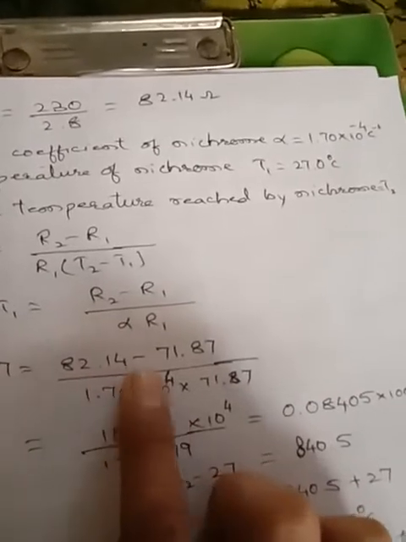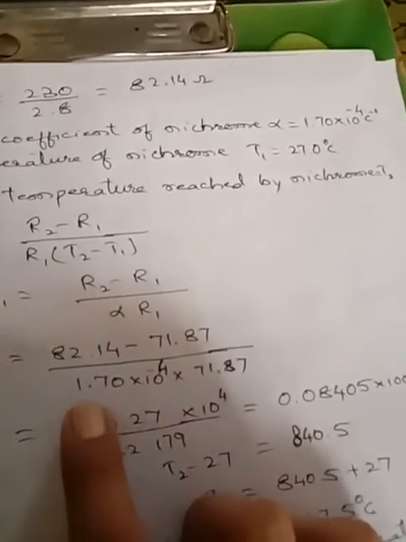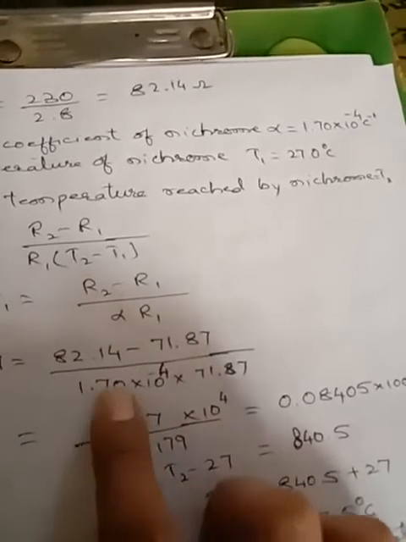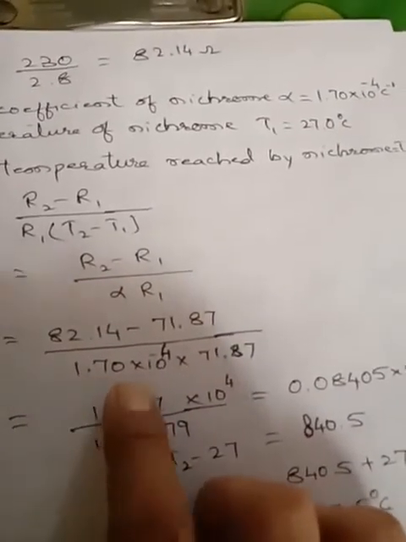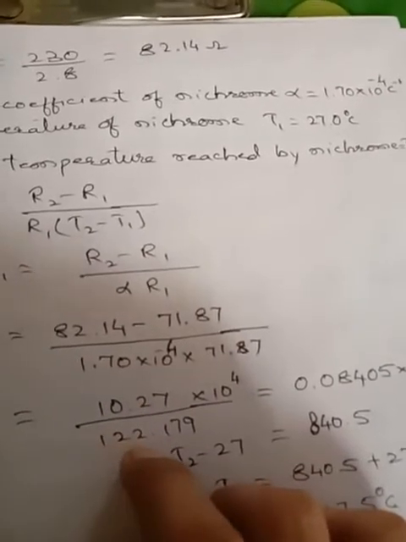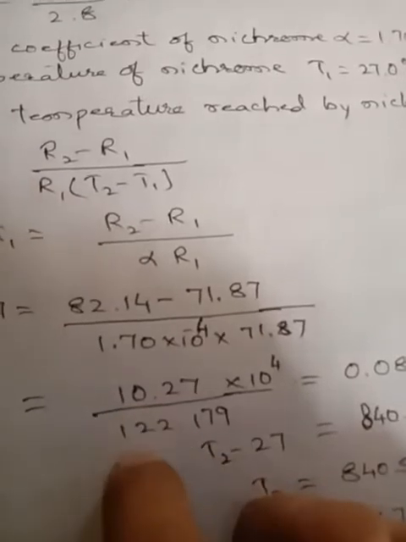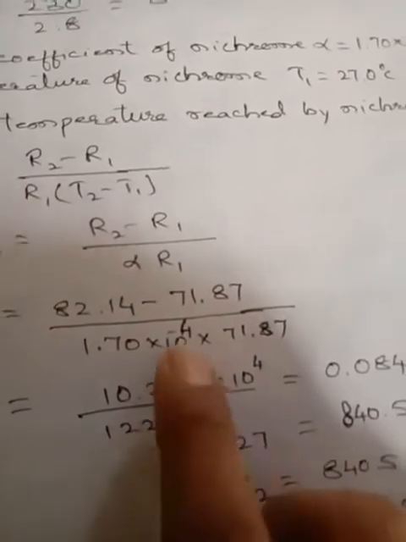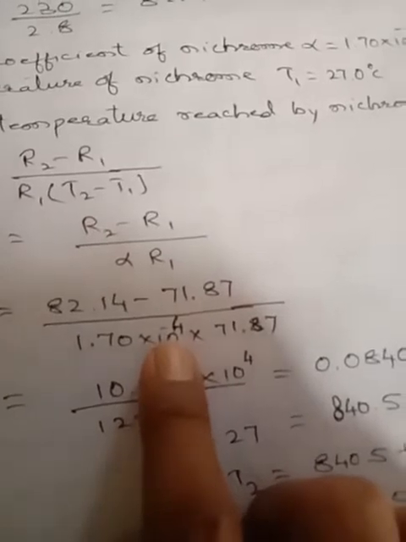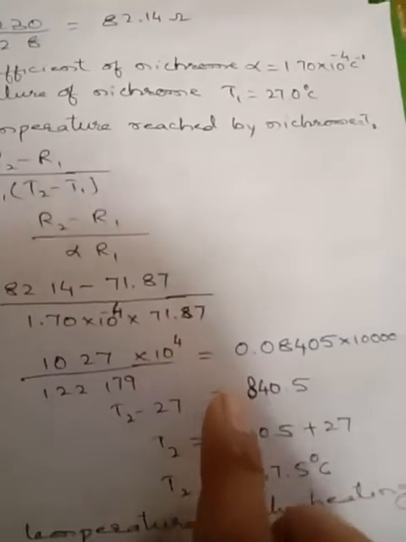So 82.14 minus 71.87 will become 10.27. Now here what we have to do, we have to simplify. Simplify means 71.87 into 1.70 you have to multiply. Okay, so it will become 122.179. 10 to the power of minus 4 is there in the denominator, that will go to the numerator. So it will become 10 to the power of 4.